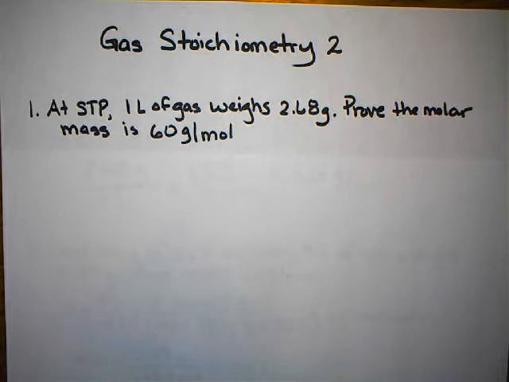So keep in mind that you have grams per liter and you have grams per mole. So somehow you've got to get from liters in the denominator to moles in the denominator. Since you're at STP, is there any little conversion factor going off in your head that you know?